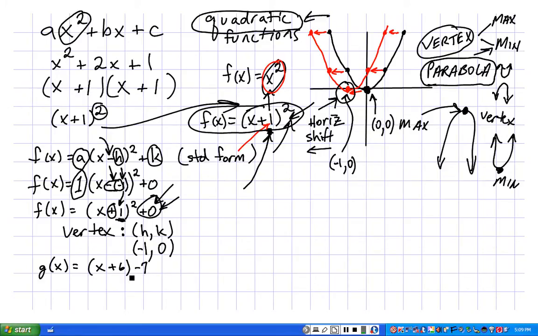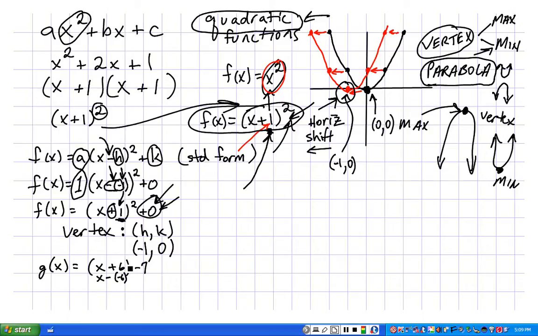But a quicker way is just knowing that this 6 is really h, and actually this 6 is not really a 6, it's a negative 6, because what you're really looking at is x minus a negative 6.